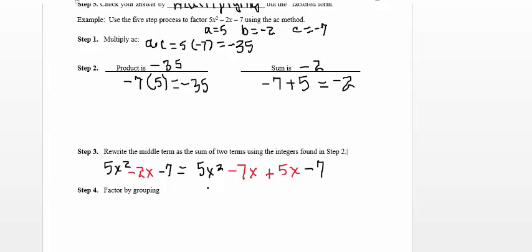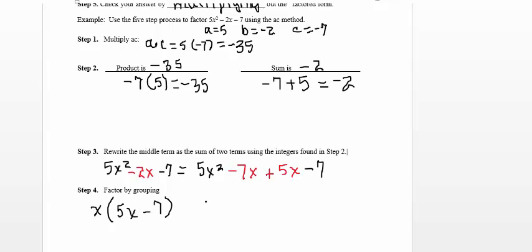And now we're going to factor by grouping. So we notice that the GCF of 5x squared and negative 7x is simply x. So x multiplies times 5x to give 5x squared, and x multiplies by negative 7 to give negative 7x.